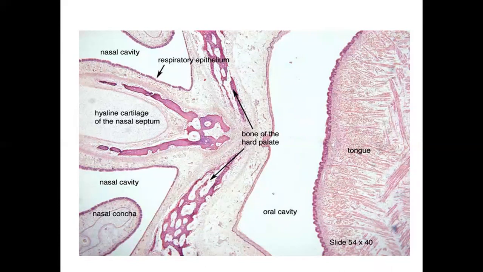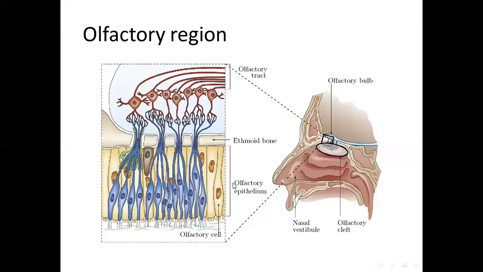after that we come to the region located at the roof of the nasal cavity, the superior aspect of the nasal septum and superior conchae. It's called the olfactory region.